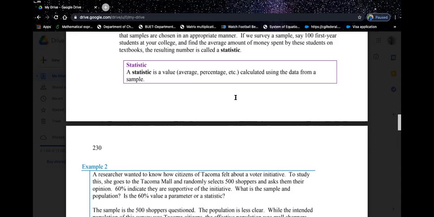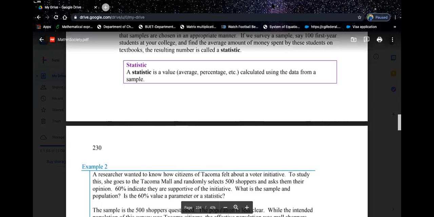So clearly, these 500 shoppers are the sample. Can you see that? It's definitely some subset of a bigger set, because she has picked up 500 random shoppers. She definitely didn't go to everyone in that mall.